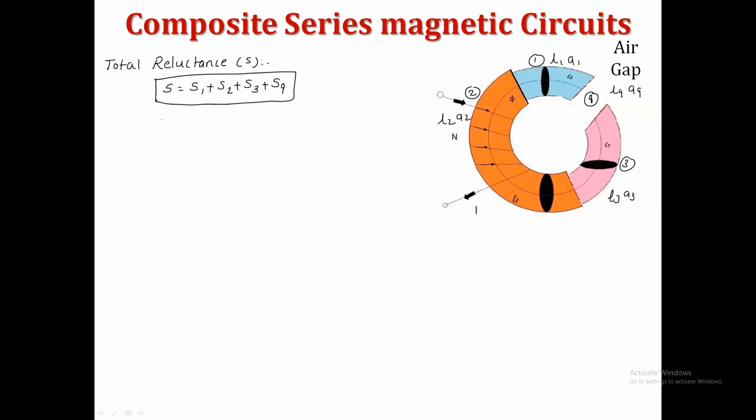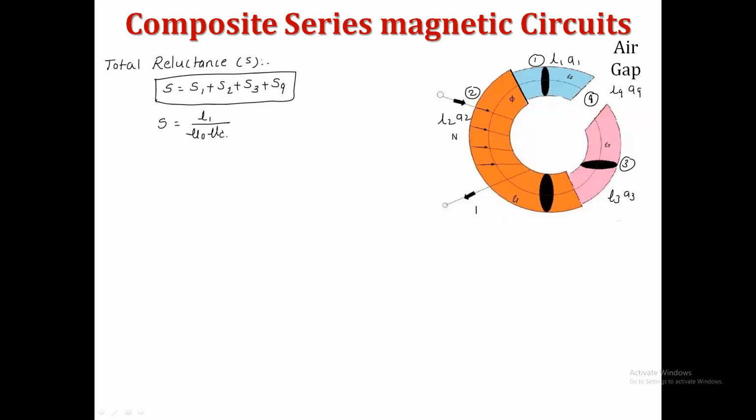Is it right? And now I can write S is equal to L1 upon mu 0. आता mu 0 ची तर व्हॅल्यू कायमच कॉन्स्टंट असते. मग त्याला mu 0 1 लिहायची गरज आहे का? नाही.